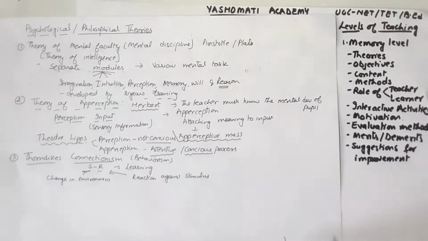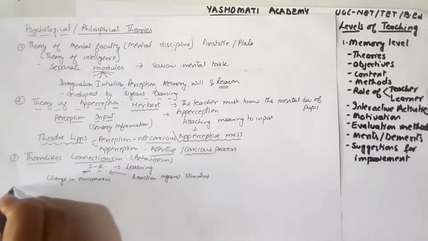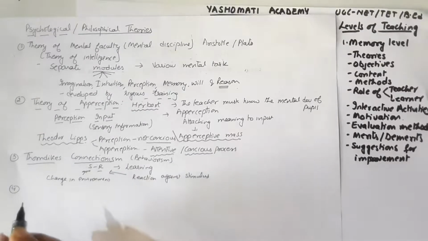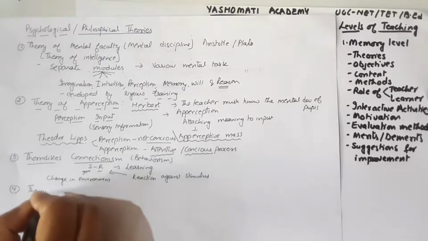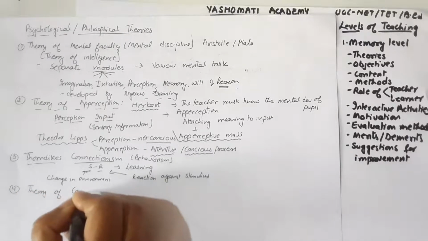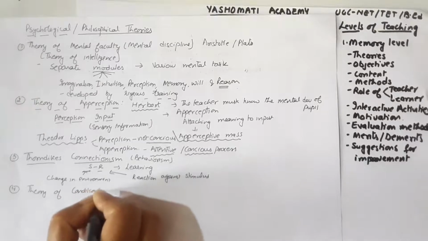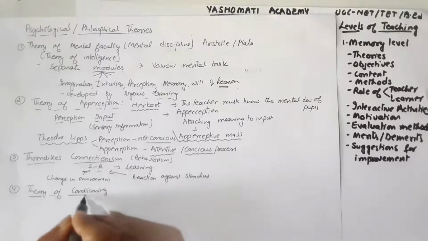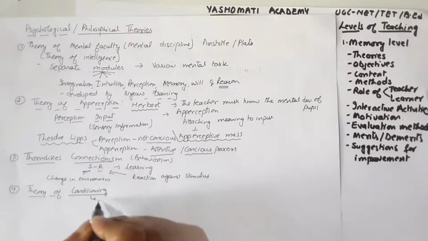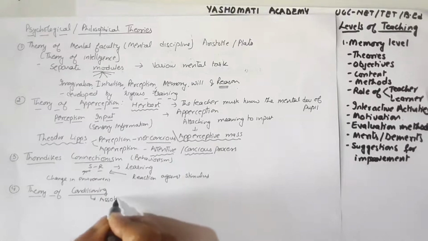There are two other theories related to behaviorism, and they are also very important for understanding the memory level of teaching. That is called the theory of conditioning. The meaning of the word conditioning is associative learning.